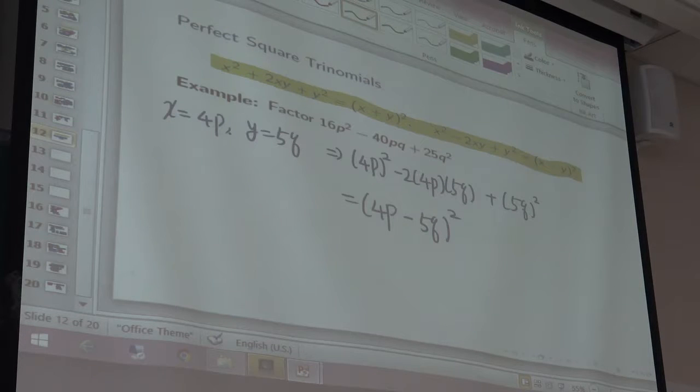When you have three terms, x squared plus 2xy plus y squared, then we can use the perfect square form. Any questions?